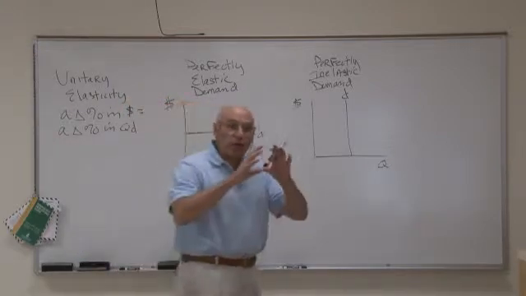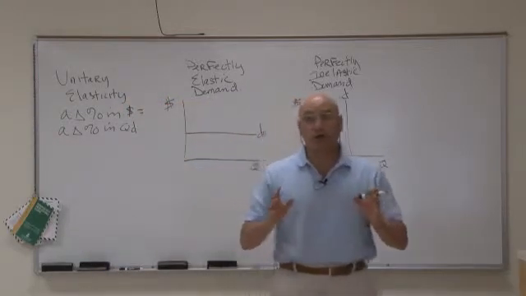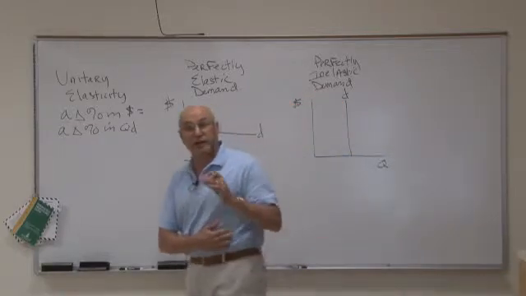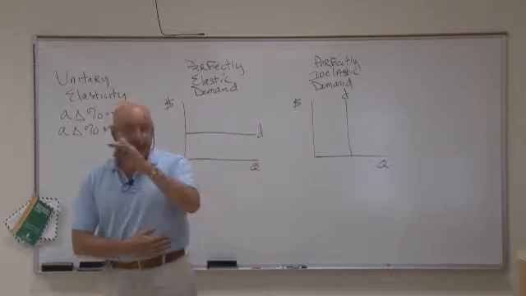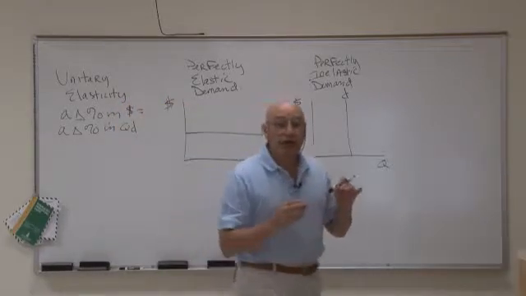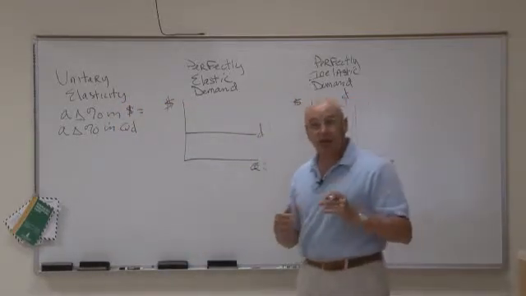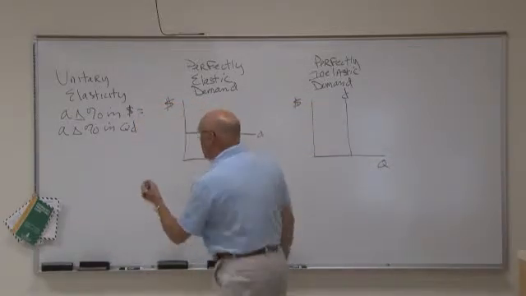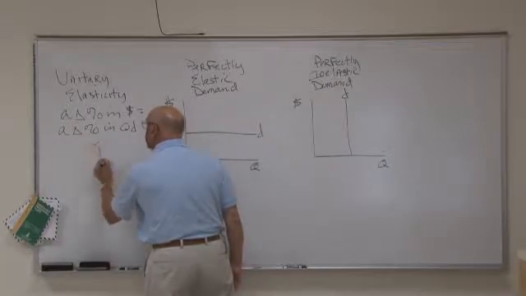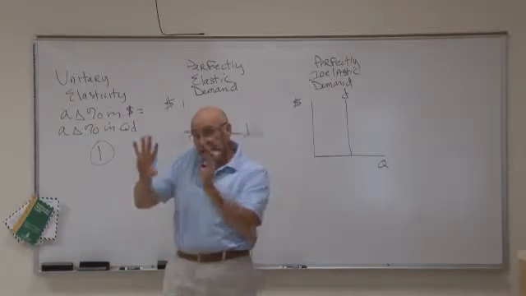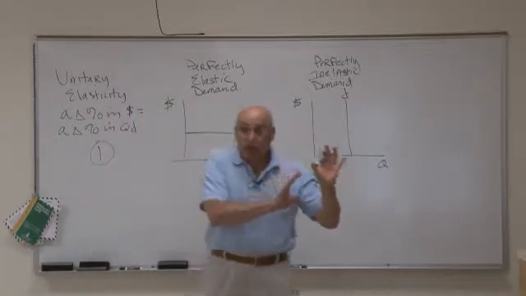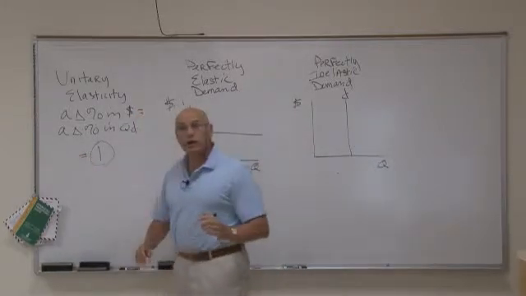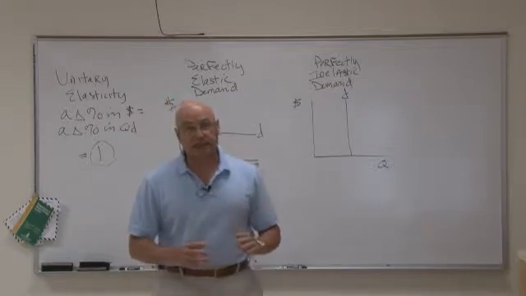If we were to do the midpoint formula, the change in quantity demanded divided by the sum of the quantities divided by 2, that divided by the change in price divided by the sum of the prices divided by 2, and that number came out to be 1, instead of being elastic, greater than 1, or inelastic, less than 1, if it was equal to 1, we call that unit elasticity.